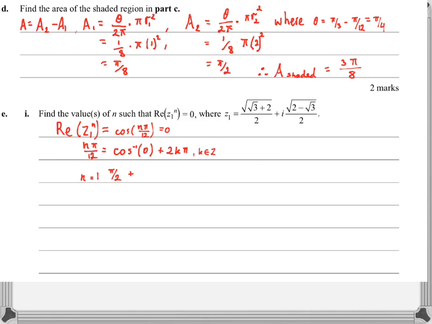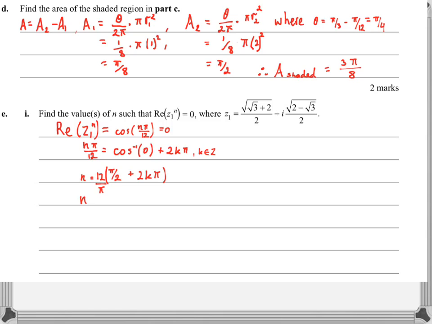So there's your general solution for the angle. Inverse cos of 0 is pi on 2. So let's work out what we'll have for n: there's what n is, 12 on pi times that.